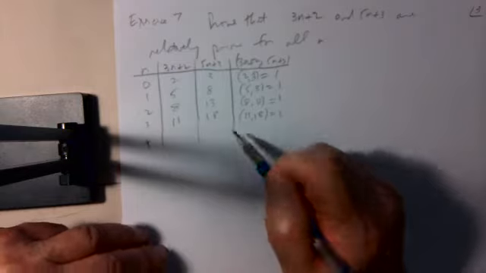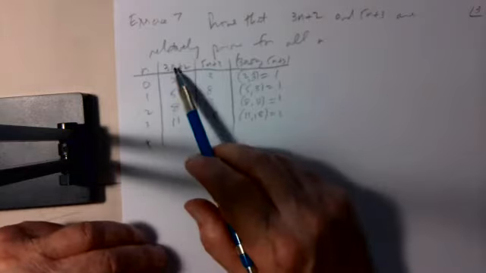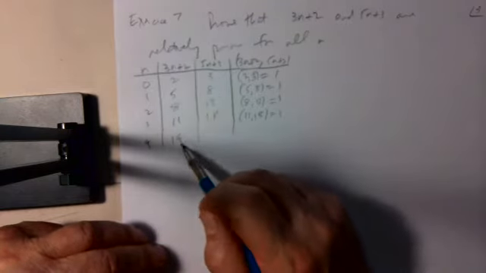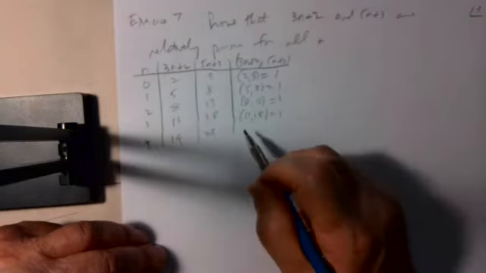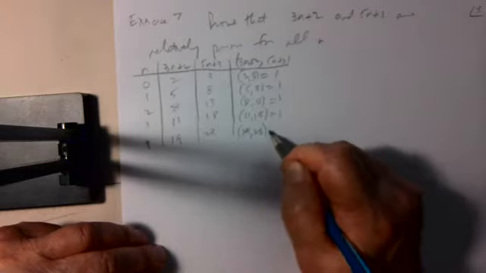Greatest common divisor of 11 and 18 is 1. What about n equal 4? 3 times 4 is 12, plus 2 is 14. 5 times 4 is 20, plus 3 is 23. And the greatest common divisor of 14 and 23 is also 1.